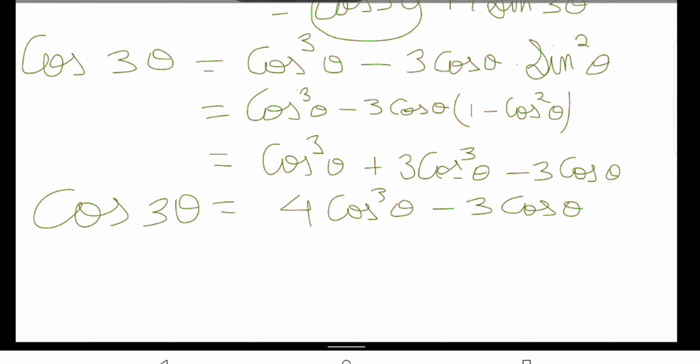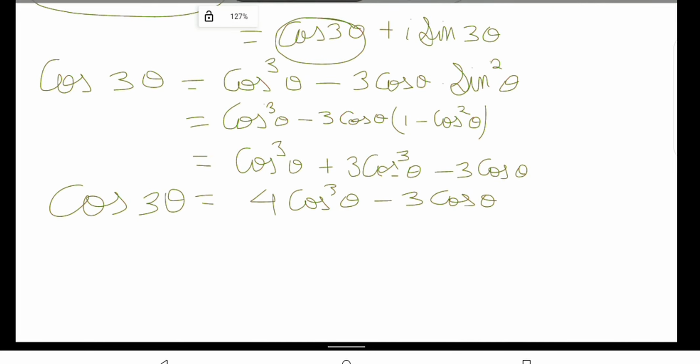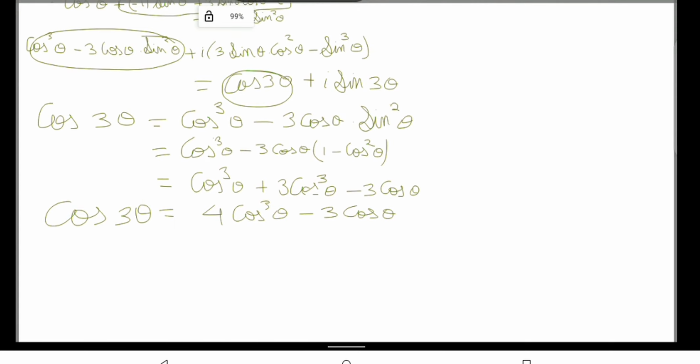Now we can compare the imaginary parts to get something extra. So we have compared real parts to get cos 3 theta totally in terms of cos theta.